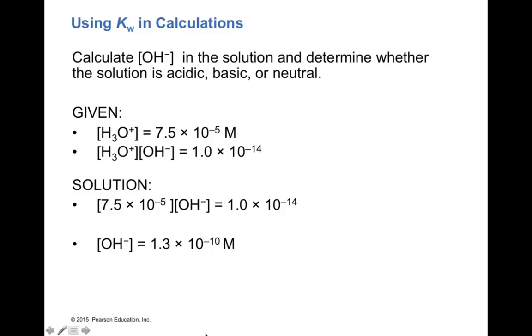Now the question is, which one is higher, OH or H3O? Which one has a higher concentration? It is H3O. This is minus 5, this is minus 10. So this is considered an acidic solution because the concentration of H3O is higher than the concentration of OH.